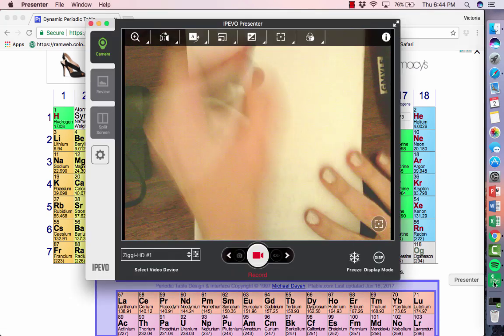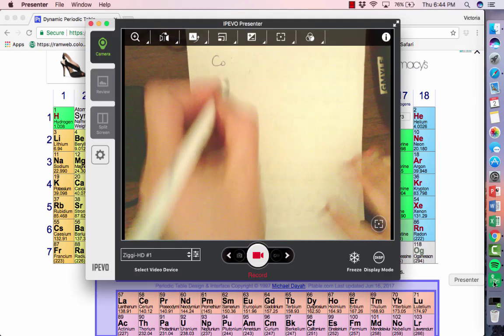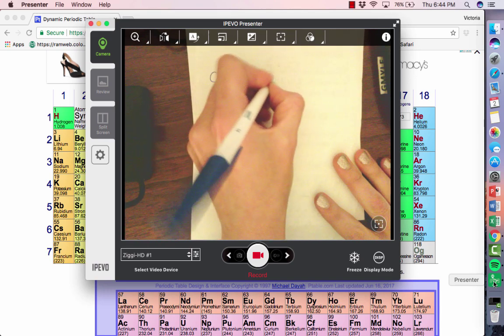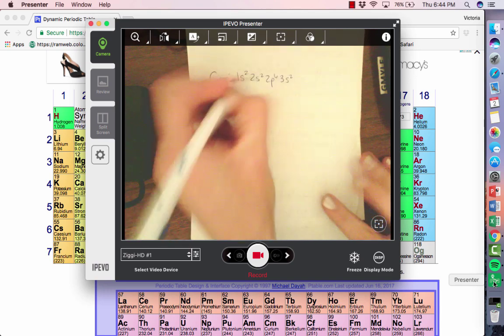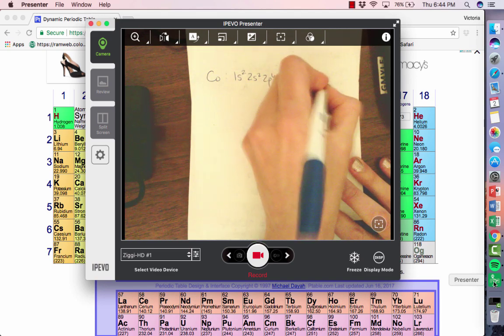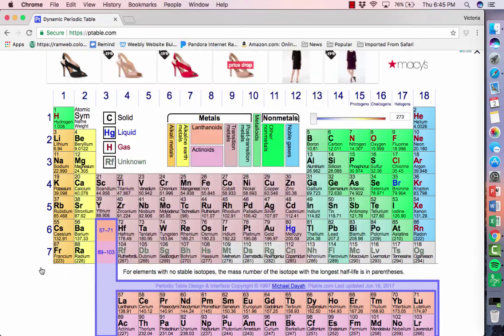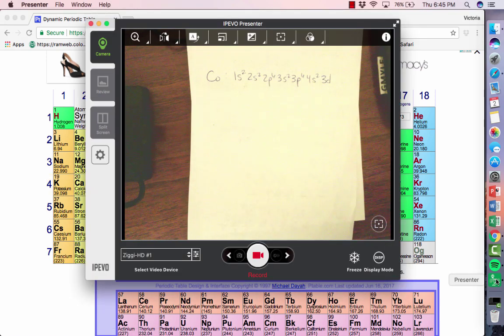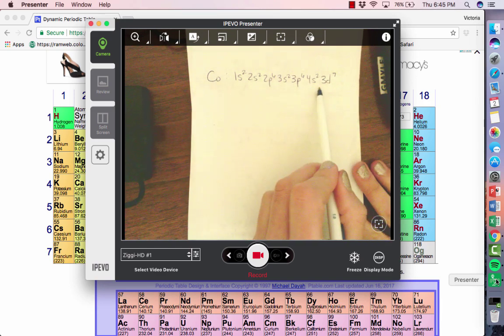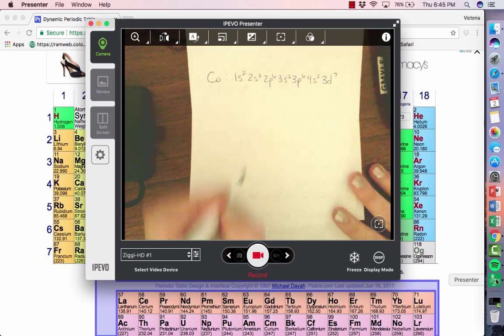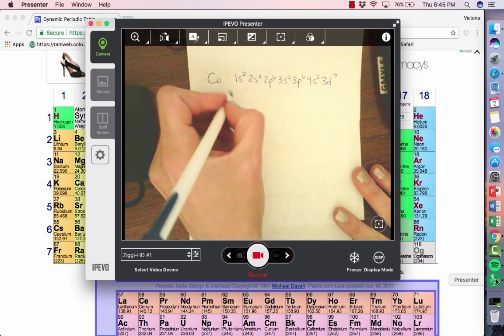Okay, so the electron configuration for cobalt: 1s2, 2s2, 2p6, 3s2, 3p6, 4s2, 3d, and then cobalt is 1, 2, 3, 4, 5, 6, 7 in the D block. You have to use full configuration to draw the energy diagrams. You can't use the abbreviated short electron configuration. I know a lot of you are thinking that and thinking, dang it.